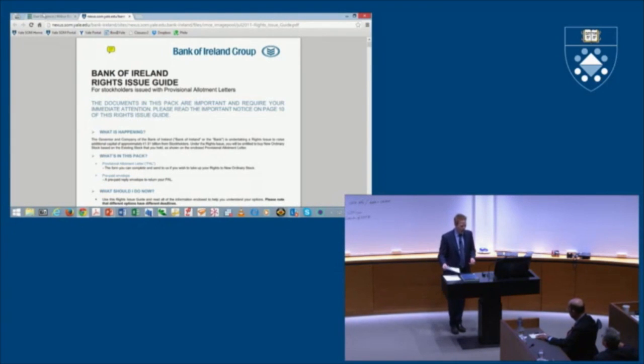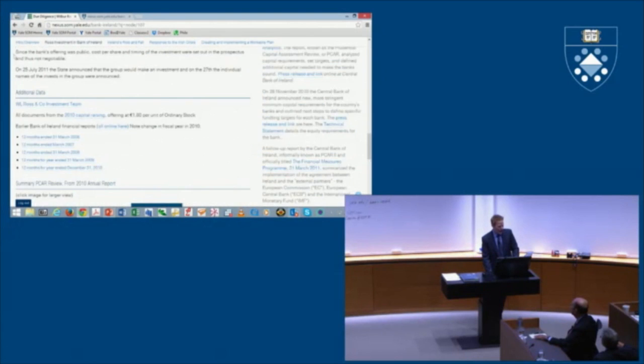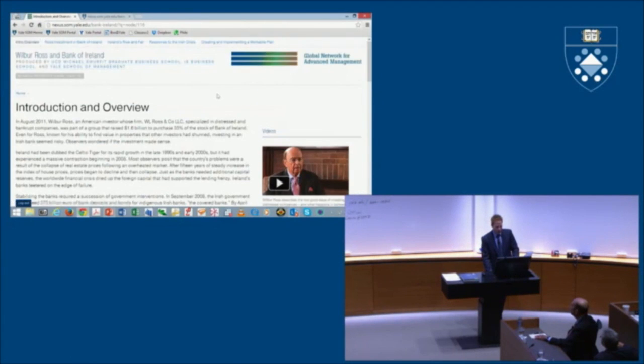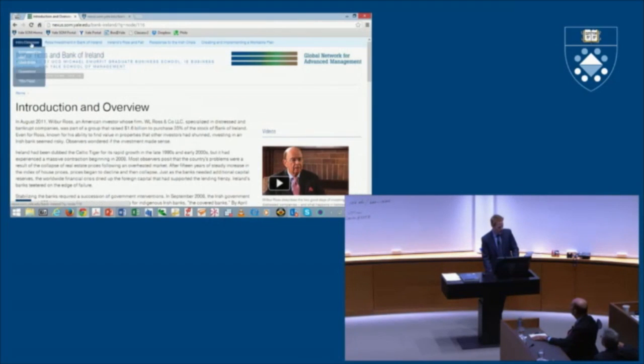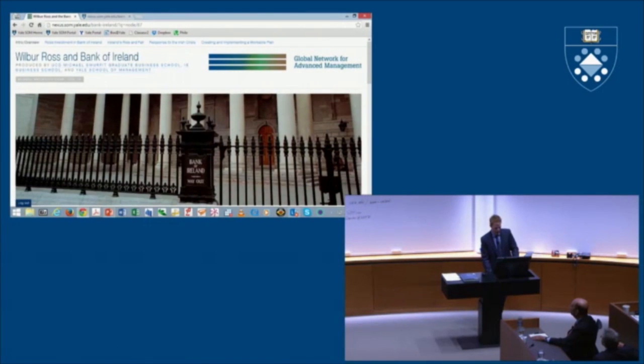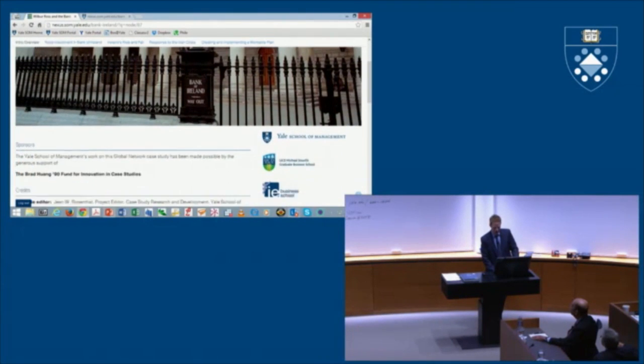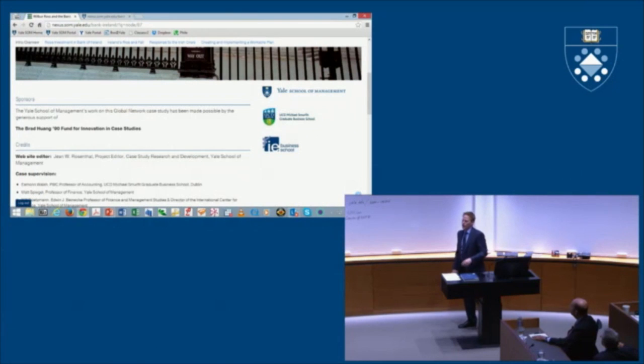Before I do that, I'd like to highlight that this case really is a co-production of the global network. If I go to the main page, the title page, you see right here at the bottom that this is a co-production of Yale School of Management, IU Business School, and UCD Michael Smurfit School.